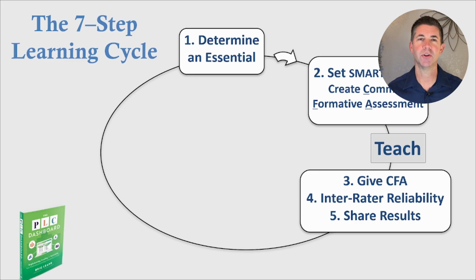The next step is to determine inter-rater reliability. The reason we do that is there's no reason to compare results if we're not giving the test the same way, if we're not grading the tests the same way. So inter-rater reliability is the process of grading a few assessments to calibrate our grading. In other words, maybe we'd put an ungraded piece of student work on the doc camera and I would grade it.